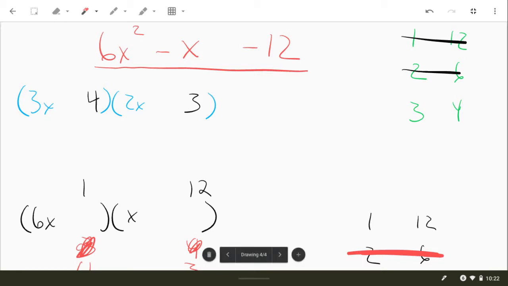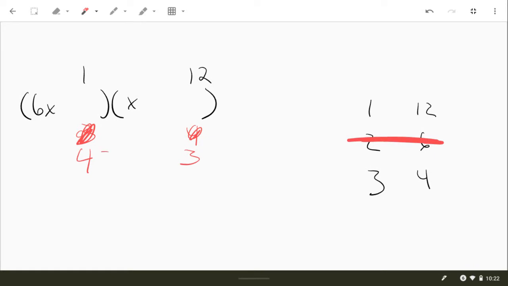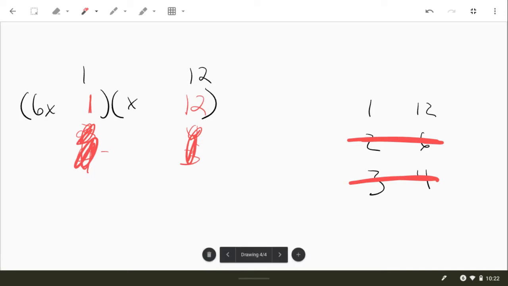If it does have a GCF, you need to do that first. You need to simplify the entire problem by factoring that out. So using this trick, I now know that if it is going to work out at all, it's got to be a 1 in that first position and a 12 in that second position.